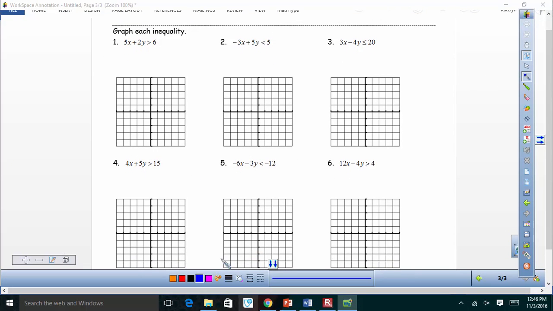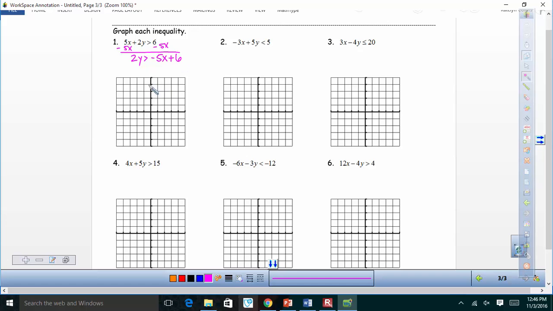Okay, so for number 1 right here, the first thing I need to do is get it in a form where I can graph it. So I need to get y by itself. Jordan, what would you do first to get y by itself? We're going to subtract 5x from both sides. That's going to give me 2y is greater than, and then we put negative 5x first, plus 6.